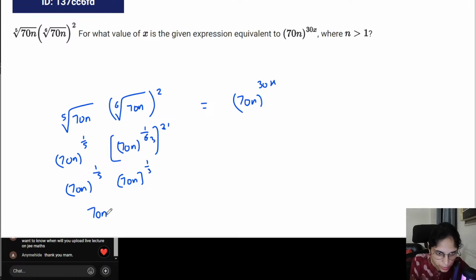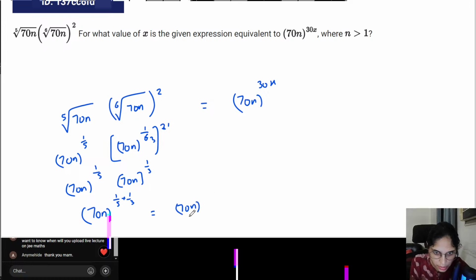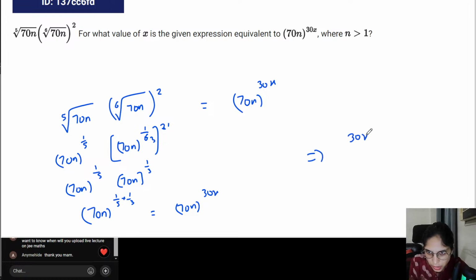So now you add the exponent. 70n to the power 1/5 plus 1/3 is equal to 70n to the power 30x. So that means what? 30x is 1/5 plus 1/3.